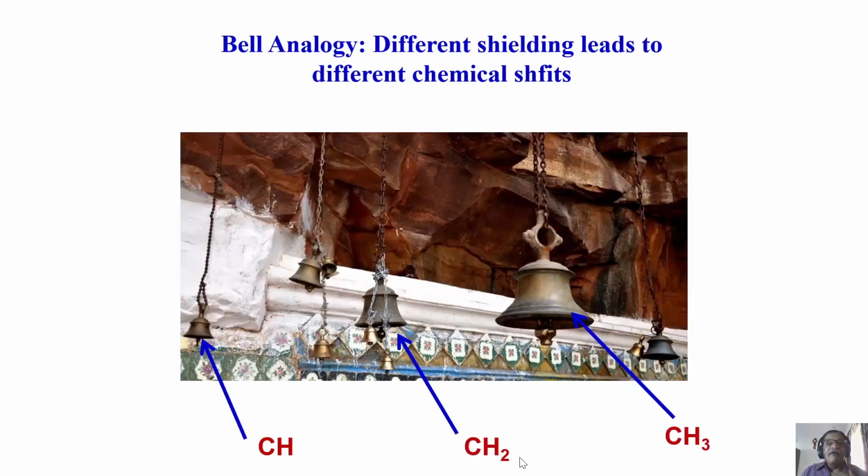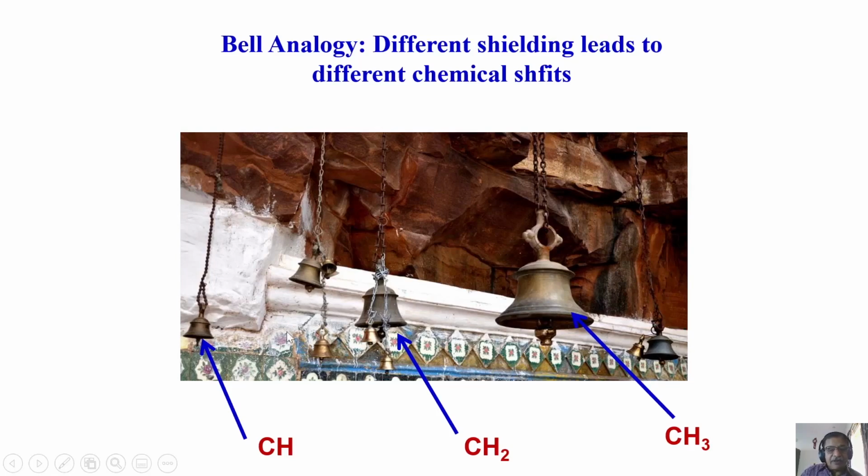So this is a very simple bell analogy. Look at these things. Very beautifully we can understand from this. This is the bell. You consider this as the charge distribution surrounding this nucleus. This is a nuclear spin. This is much more compared to this bell. This is the center of the bell. Consider this as the nucleus, and this is the charge distribution.